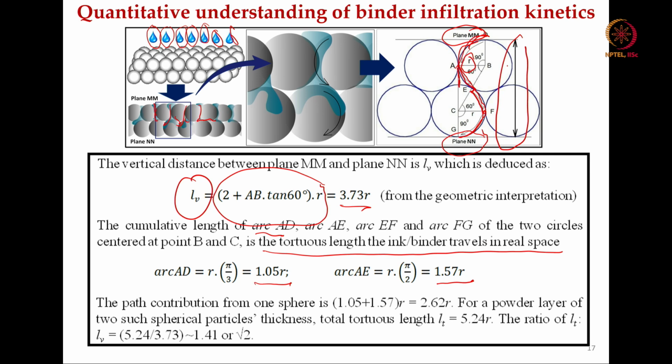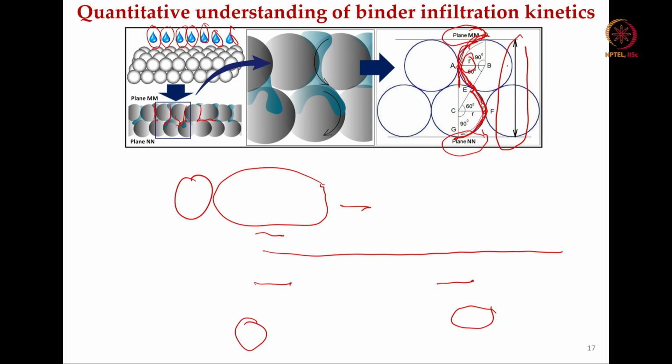That would be multiplied by 2 since it is a uniform particle size. So, this particular arc length and this particular arc length, their summation would be the same as this arc length and this arc length. So, that gives rise to 5.24. So, what is the ratio of the tortuous path to the distance between two planes? That ratio comes out to be 1.41 or square root of 2.